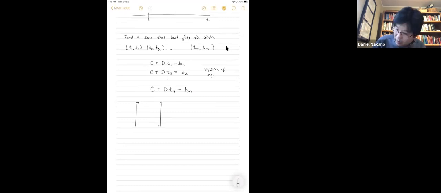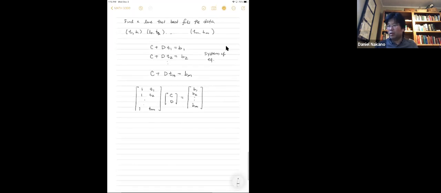We have a system of equations with the matrix of 1, T1, 1, T2, 1, Tm, times C, D, equal to B1, B2, up to Bm. You want to find C and D, which provide the best fit for this data.